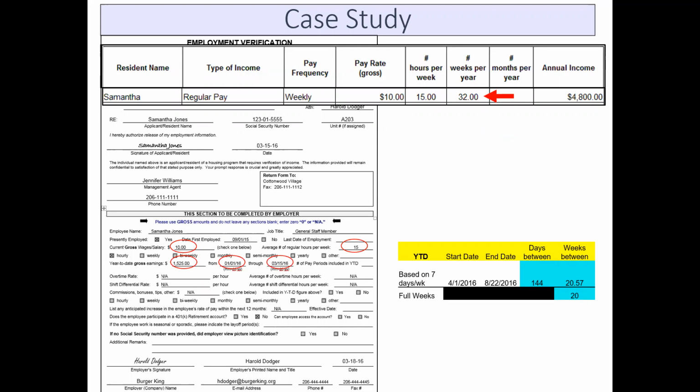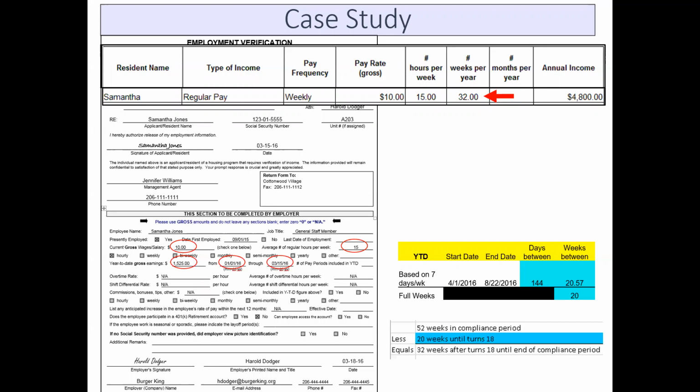So this certification is beginning on 4/1/16. Samantha doesn't turn 18 until 8/22 of 16. So that is a little over 20 weeks when we will not be counting her income.